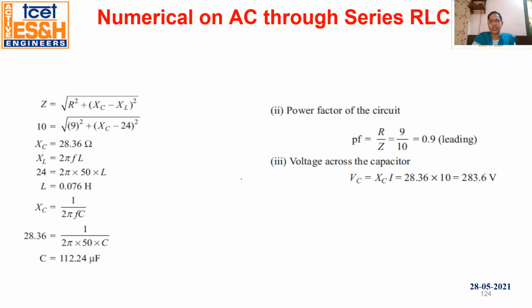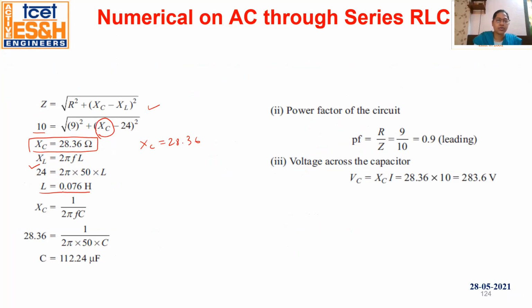So we have this equation, and from this equation we find the value of XC. XC is 28.36 ohm. Since we already have XL, we also find the value of L from the formula XL equals 2 pi FL.